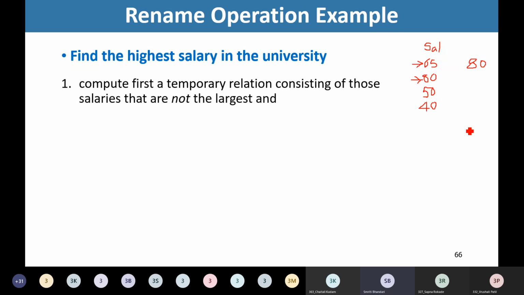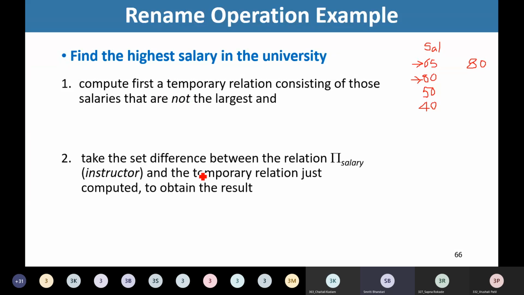I'll repeat: I'm going to compute a temporary relation consisting of the salaries that are not largest. So I'll get one column of salaries that are not largest. The largest salary will not be included in the result of this first step.